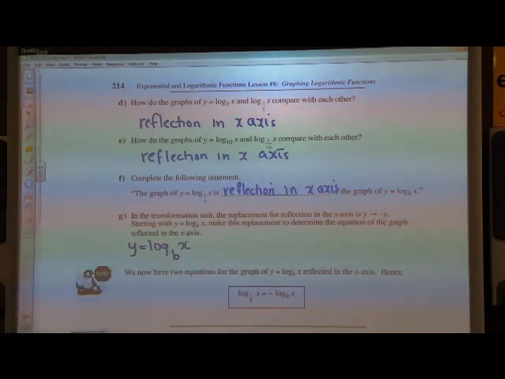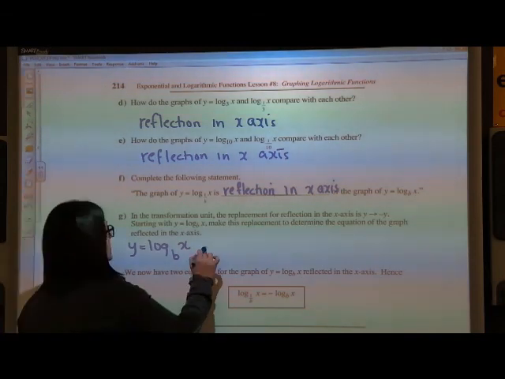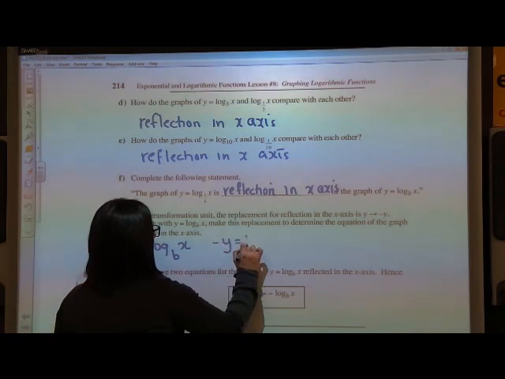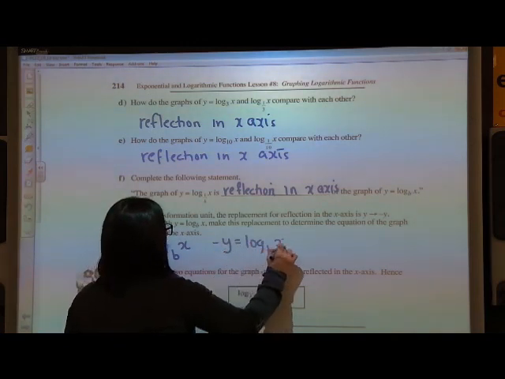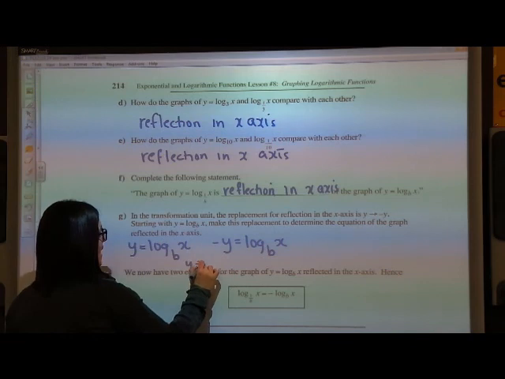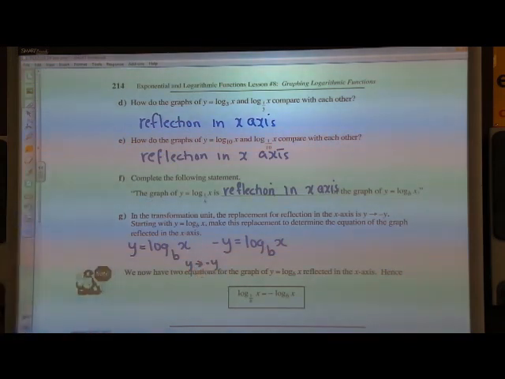If I reflect in the x-axis, I have to replace y with a negative y. So this becomes negative y equals log base b of x. But I wouldn't leave it in the form of negative y equals. I would write it as y equals.